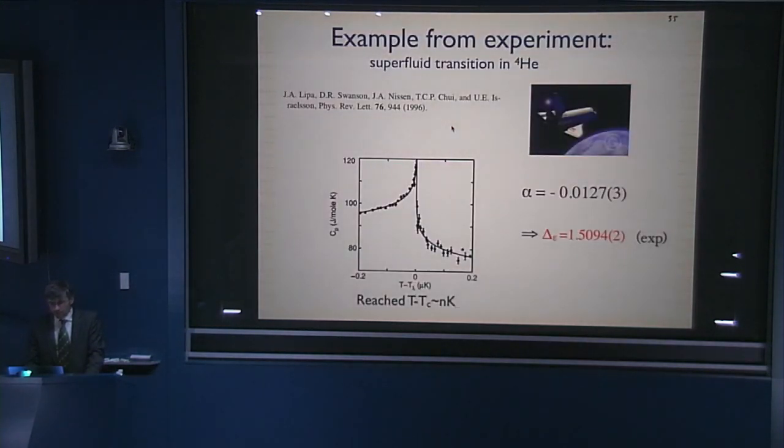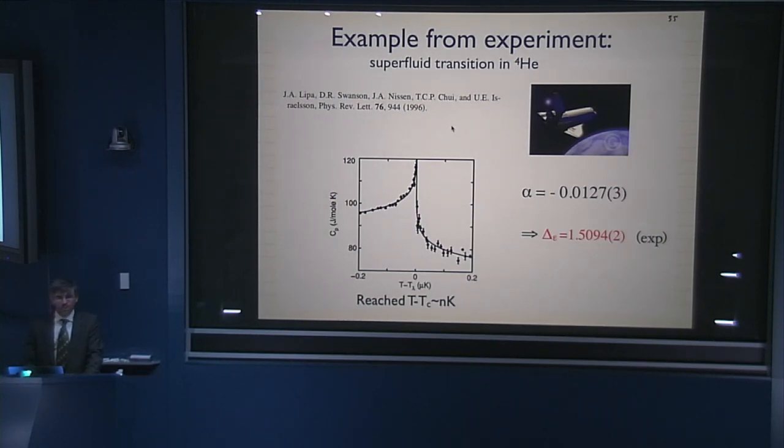So what can we do with this? I'll just give you one example of how we can take an experimental system and study it using the conformal bootstrap, and what it is that we can do. So this is a very famous phase transition. It's called the superfluid transition in liquid helium. So helium is a very interesting liquid.